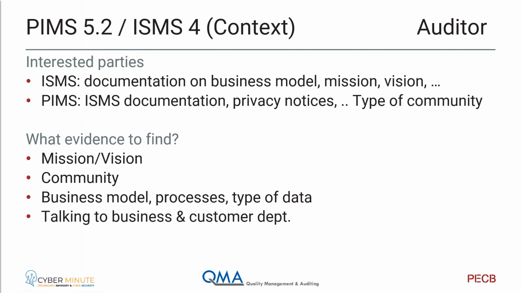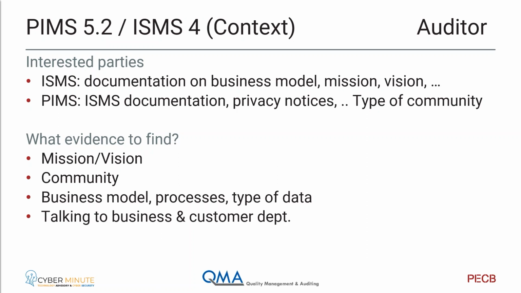So if you look at the context part, what do we expect there? For us, it's important that in setting up your ISMS or your PIMS, you included all of the interested parties that can affect the organization's ability to achieve your objectives, the objectives that you set out yourself. We want to look: did they look at all the interested parties involved?